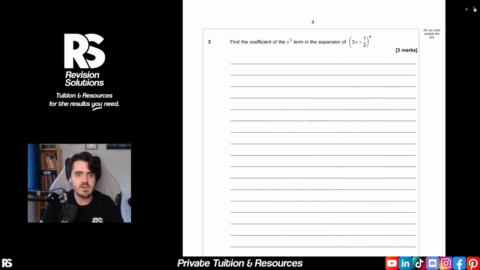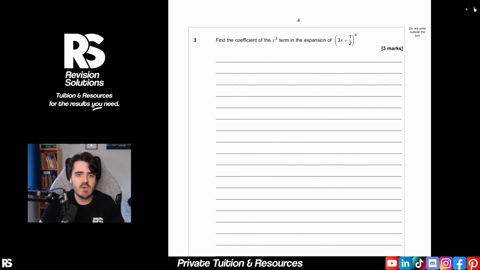Okay, so now for question 3, it's saying, can we find the coefficient of x cubed in the expansion of 3x plus a half to the power of 4? So that's an integer power binomial expansion, so we can use the integer power binomial expansion formula, which goes like this.